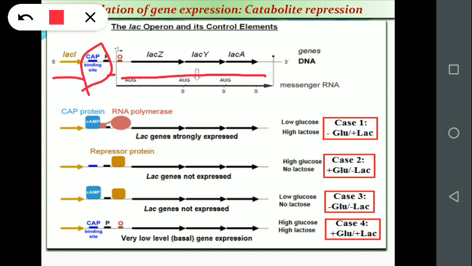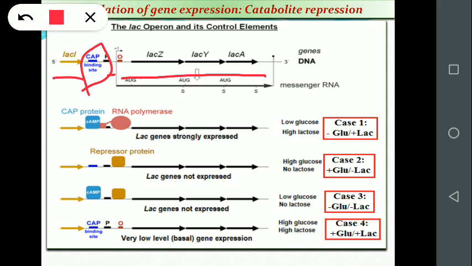Discussing this site then would have complicated your understanding. But now it is essential to understand the catabolite repression process. So we have one particular site, the CAP site, the catabolite activator protein site.